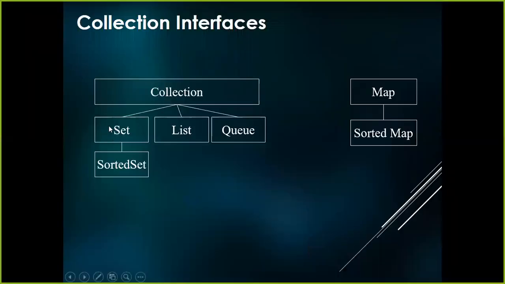Set is nothing but a unique list of elements, and queue is nothing but first come, first serve, first in, first out. So you will be processing the elements in the same order in which you inserted them into the collection. And map is nothing but key value pairs. So your employee IDs are keys and their names are values, something like that.